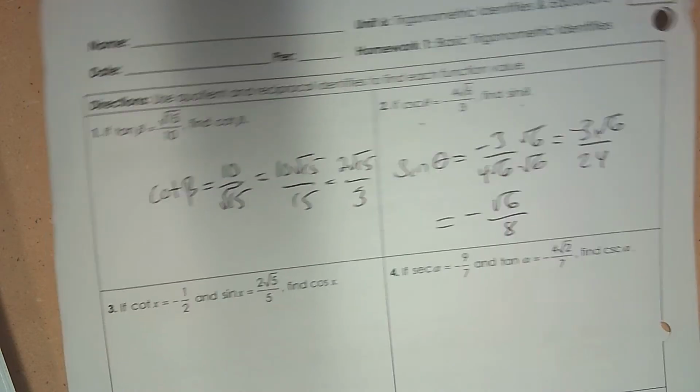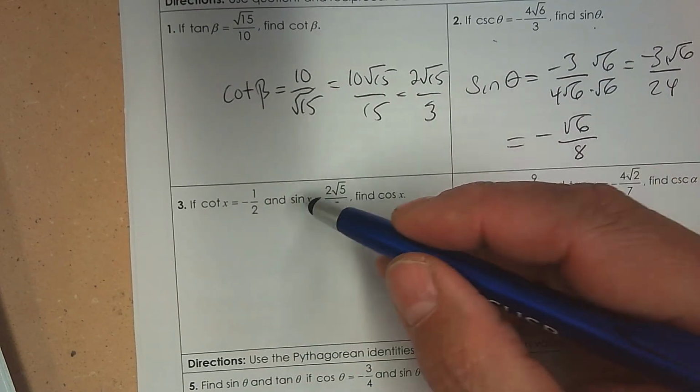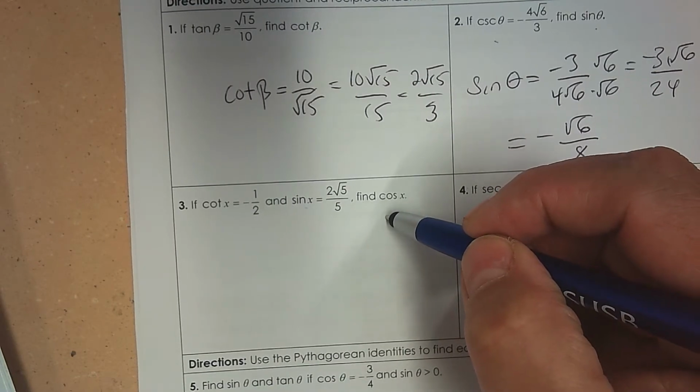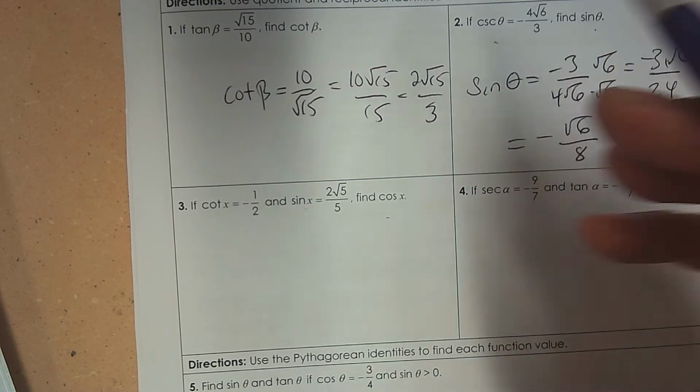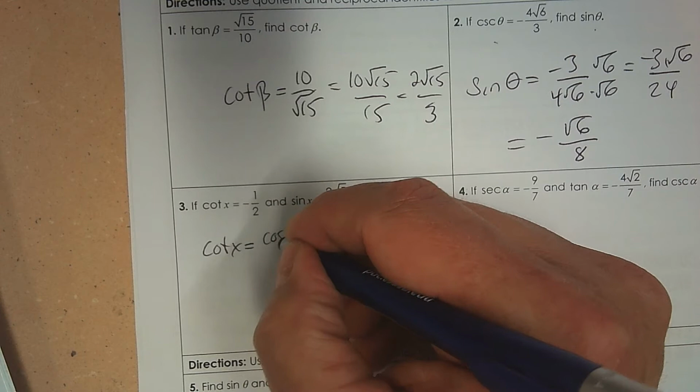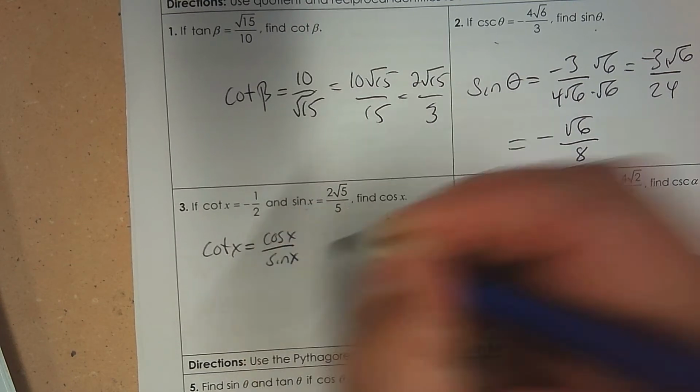Number 3, cotangent, sine, and cosine. Well, one of the identities for cotangent is that it's cosine divided by sine. That's an identity.